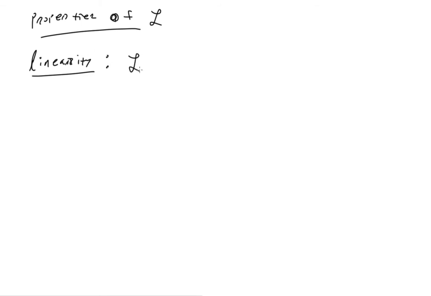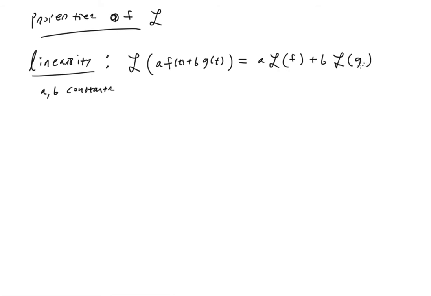So if I have the Laplace transform and I want to take the transform of a times f of t plus b times g of t, where a and b are constants, okay, then that can be written as a times the Laplace transform of f plus b times the Laplace transform of g.